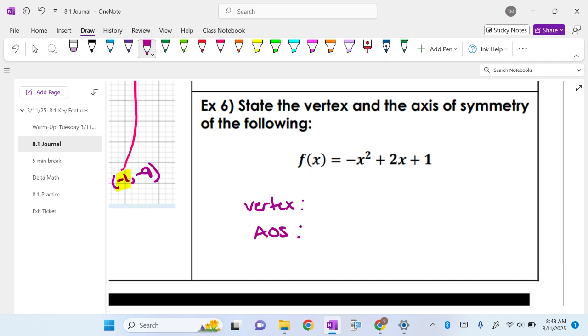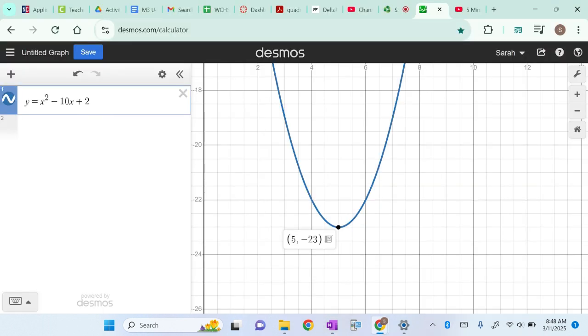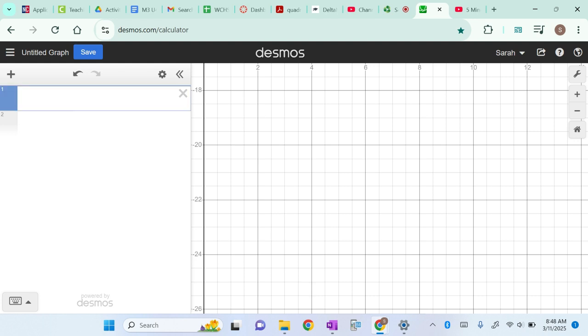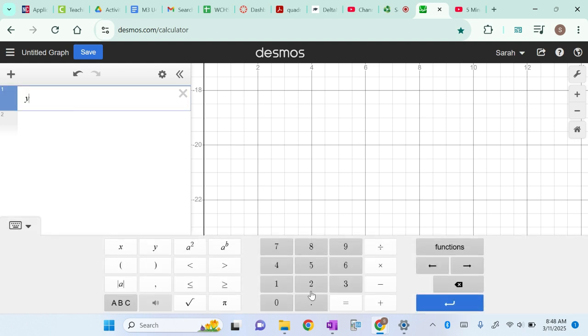Tell me what the vertex and axis of symmetry is. And make sure you type that graph in exactly as you see it.